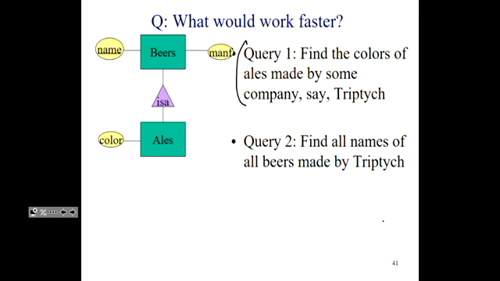Which approach would be preferable, using those 3 rules? The more data I have to look at, the worse the performance. The more tables I need to look at, the worse the performance. And the more expensive the operation I need to do, the worse the performance. So any hunches on which approach would be better for this?